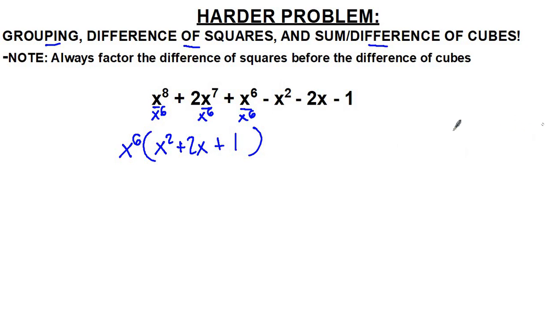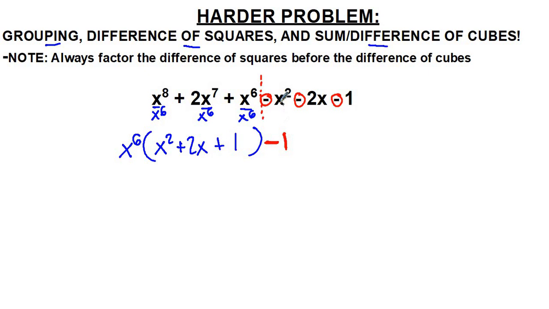Okay, so if we're doing this correctly, then when we group the second half together, these last 3 terms, we should get the exact same thing. And it's almost the same already, except all of these are negative. The only factor those have in common would be a negative 1.